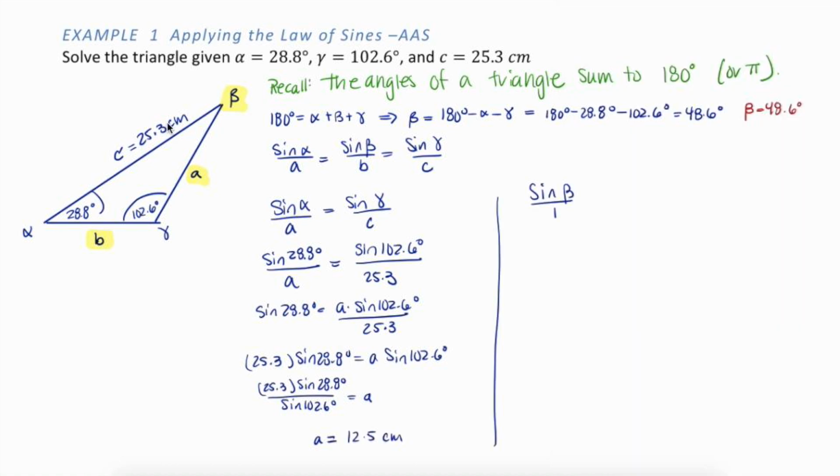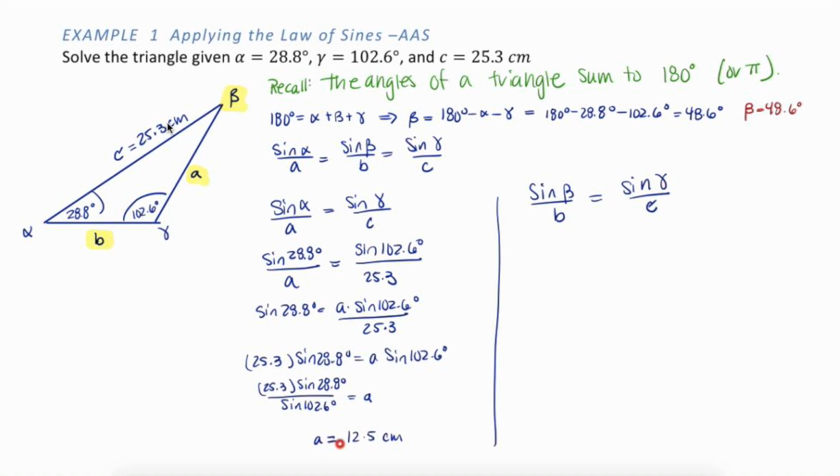Sine of beta over B equals sine of gamma over C. In case you're wondering why I use gamma over C rather than using sine of alpha over A, this information here we were given by the problem, so there's no doubting that it's correct.